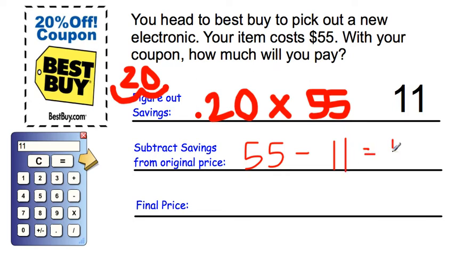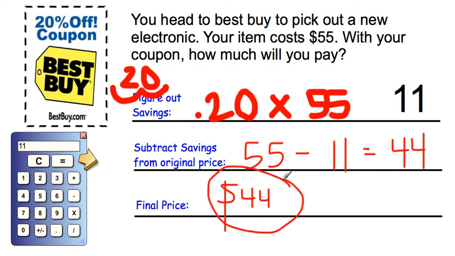That equals 44. So the final price of our electronic is going to be $44. That's a pretty good discount. We got $11 off. So 20% off of $55 is $11, and our final price for that electronic is going to be $44.